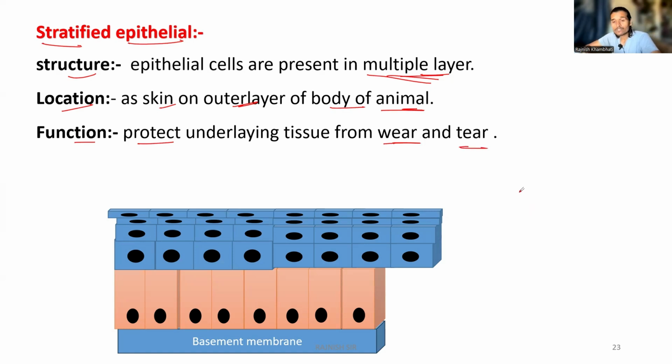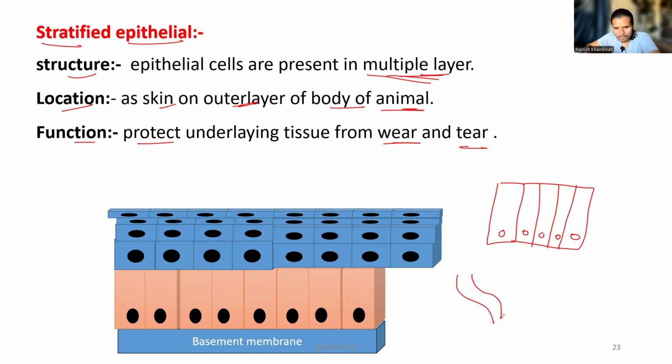Now, when I say pseudo, let me give you a diagram as an example. This is what we used to draw. From this diagram, you can say that they are single layer. But in pseudo-stratified, the cells are twisted, like this cell is twisted like this, and the neighbor cell goes all the way upside, like this.